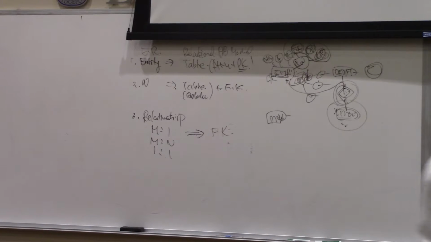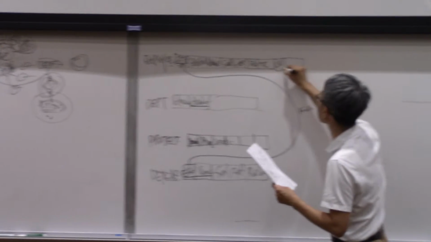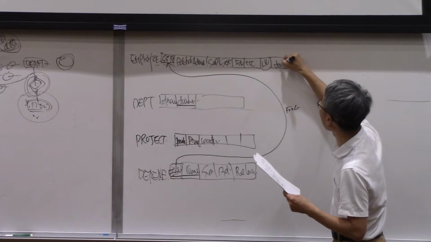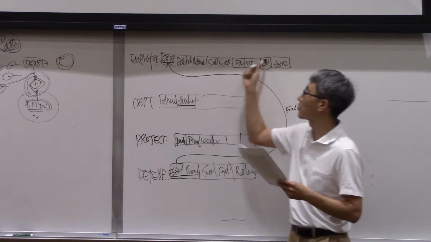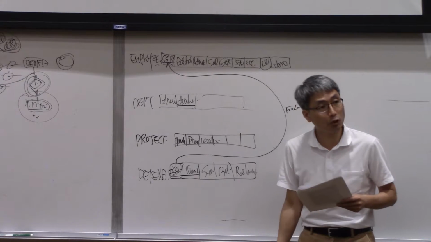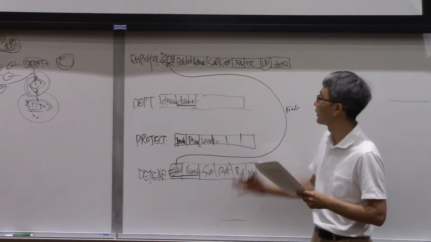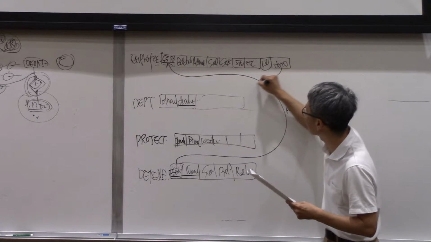That's pretty much enough. For example, we have the department. For the department and the employee, we need to create DNO as the attribute, or column, of employee. Then this DNO exists where?